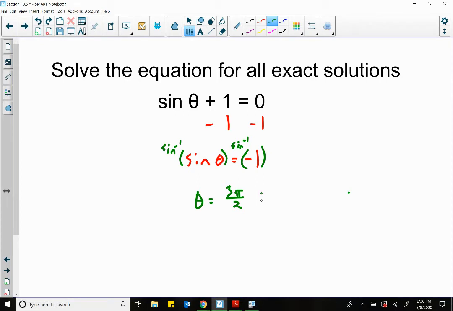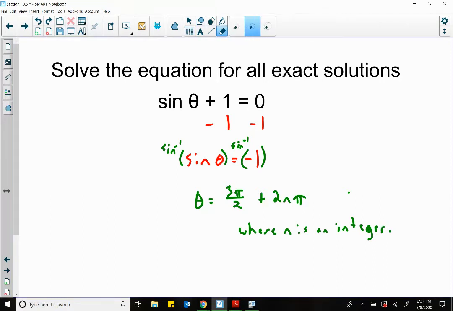Well, that would be plus 2n pi, where n is an integer. There we go. Okay?